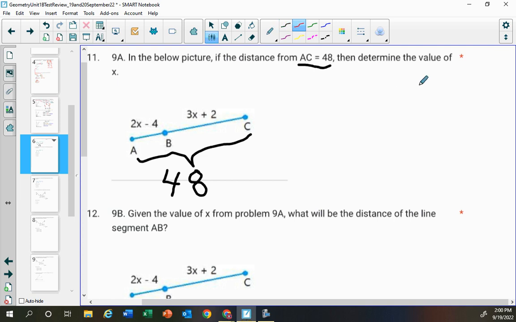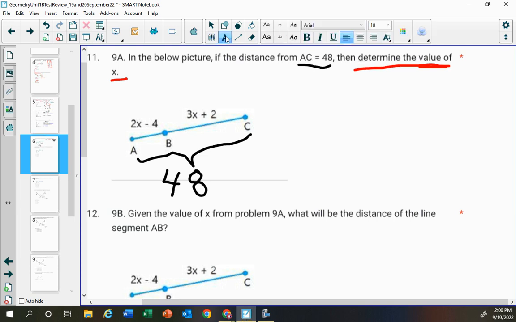But we need to determine the value of x. What will our setup be? This is the most important part of the whole problem. Remember, A to C they gave us was 48, so the entire distance is 48.